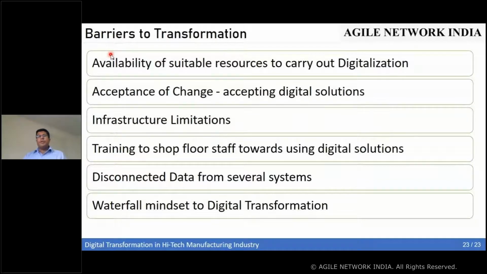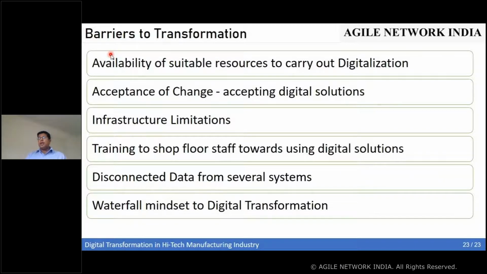Availability of suitable resources is always an issue, at least for our industry. Acceptance to change, we will always have people who have spent decades, and it is a little difficult to make people change. Infrastructure limitations, especially if you are not allowed to go on cloud, you have to do an on-prem infrastructure. It can be a barrier.